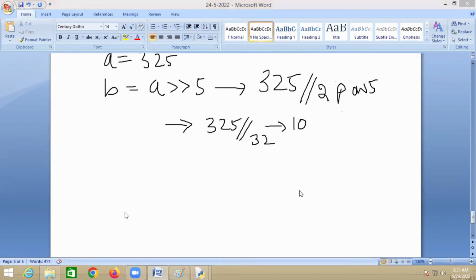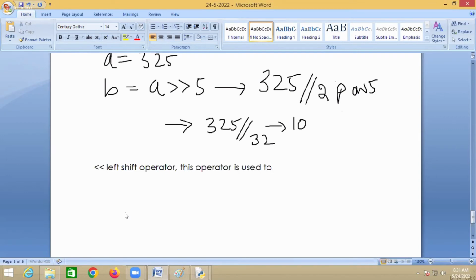Okay, left shift operator. This is called the left shift operator. This operator is used to shift the number of bits towards which side? Left side.